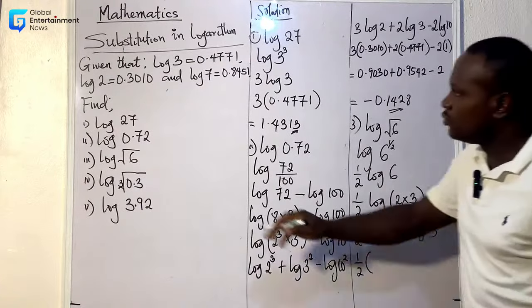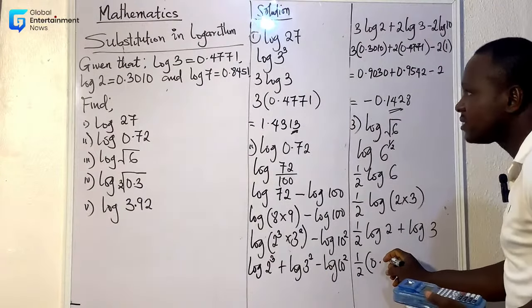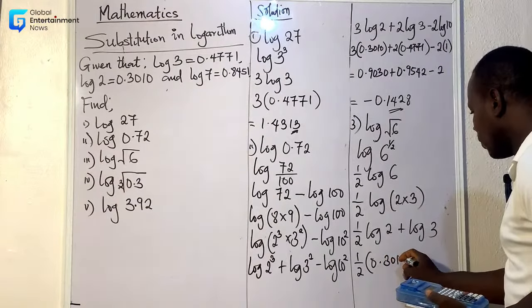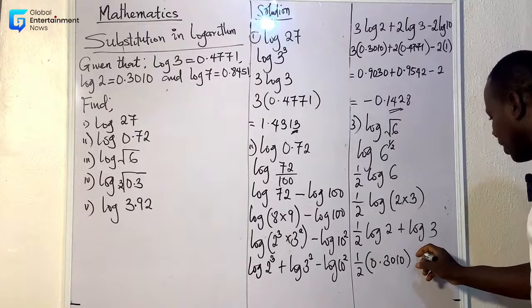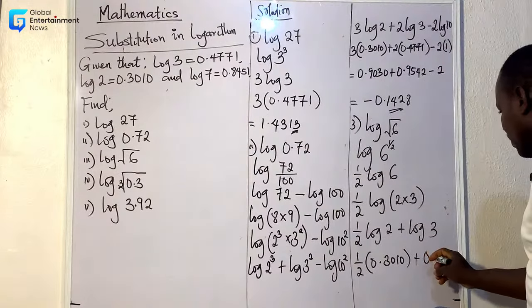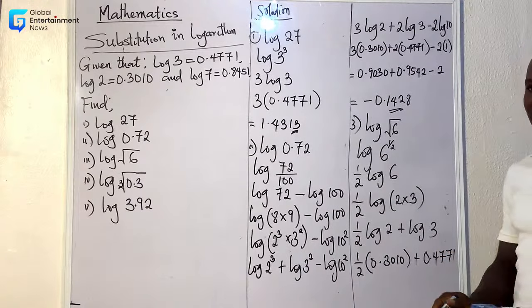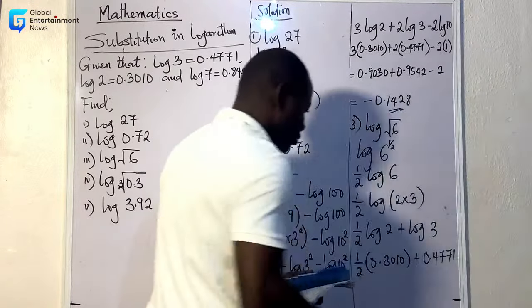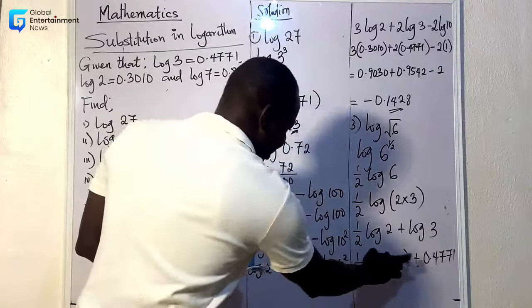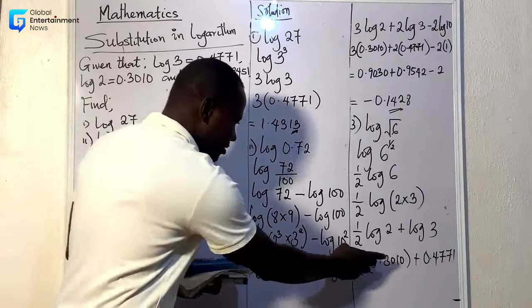What is log 2? The substituent. Log 2 is 0.3010. Then plus, what is log 3? Log 3 is 0.4771. So what do we do now? We multiply this by half.